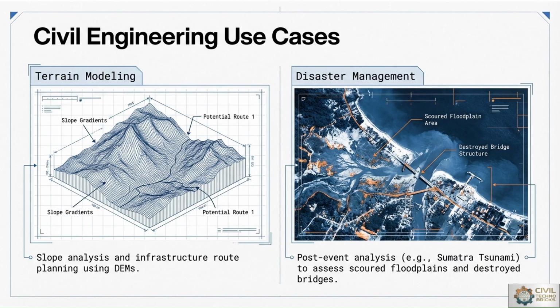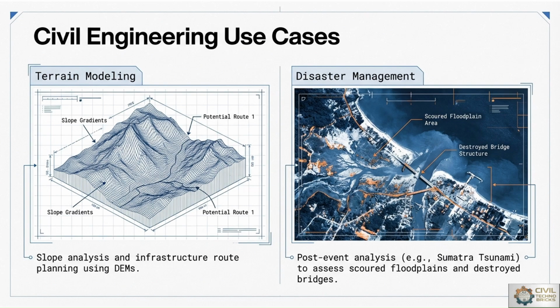What is meant by civil engineering use cases? From the civil engineering use cases point of view, there are two images. First, terrain modeling. Second is disaster management. The first image explains the actual digital elevation model, which has some elevation with reference to standing lines and contours. With reference to those lines and contours, we have to mark the ridge lines or ridge points.